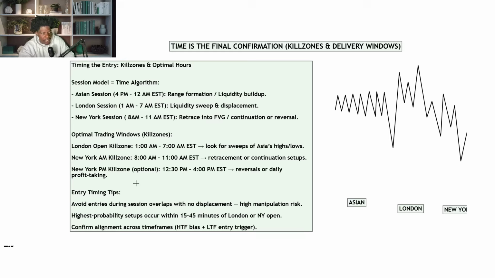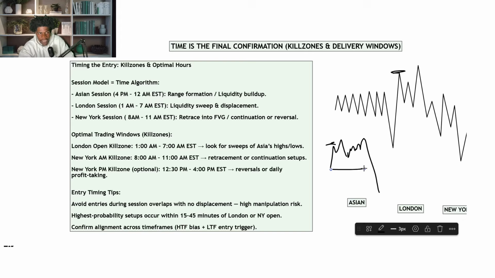The entry timing tip is to avoid entries during session overlaps with no displacement. This is a high manipulation risk, right? If price gave you a liquidity sweep but kept playing around, as you can see right here, if price went higher and gave you a liquidity sweep of the Asian highs, but kept playing around, we never got a displacement lower to break a prior structure.